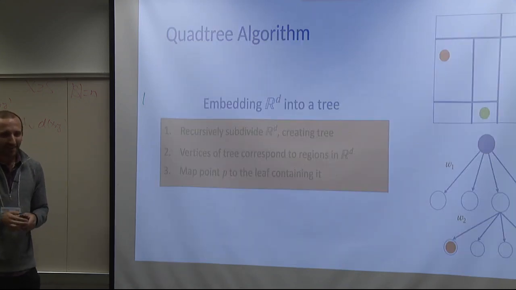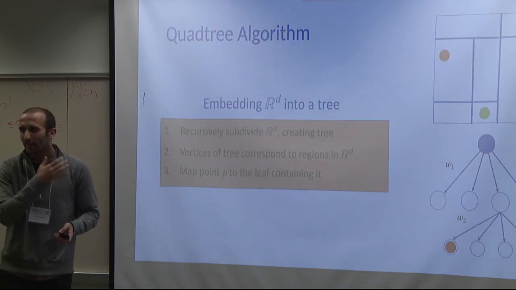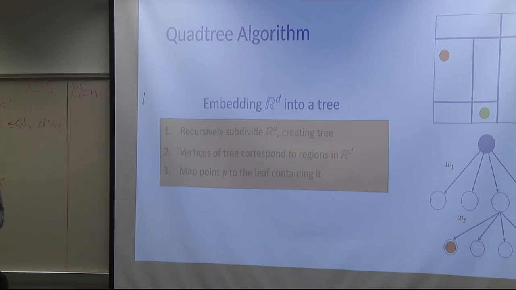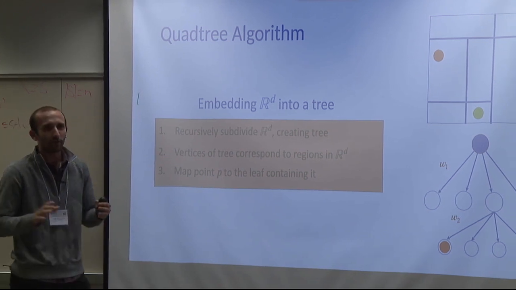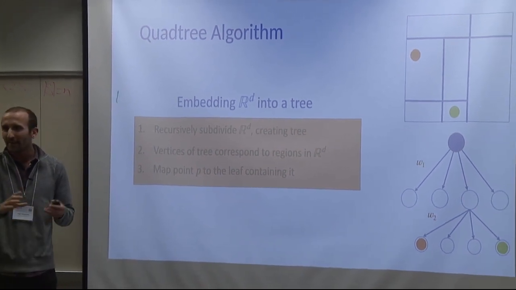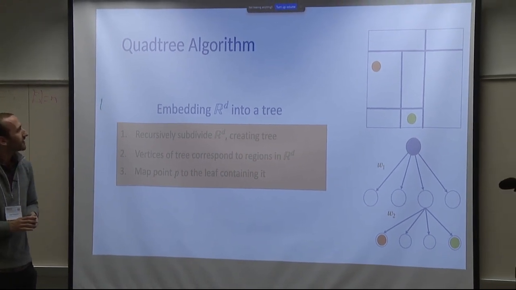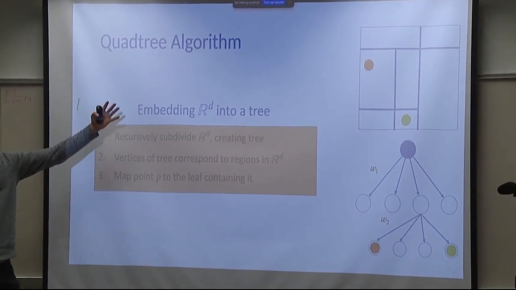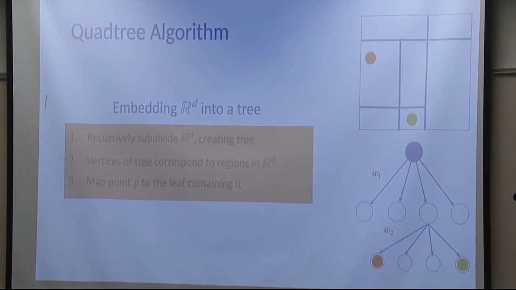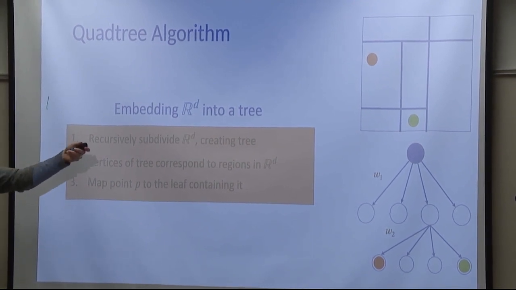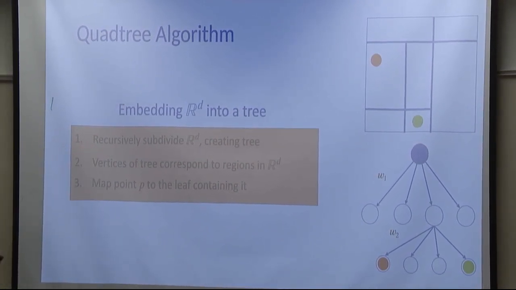Okay, let me tell you a little bit about how all of these embeddings work, because it's going to be crucial in our algorithm. Essentially, all these things work by recursively applying shifted grids. We start with our entire space, R^d, and recursively subdivide it, creating a tree.